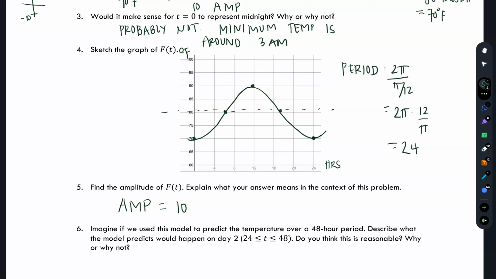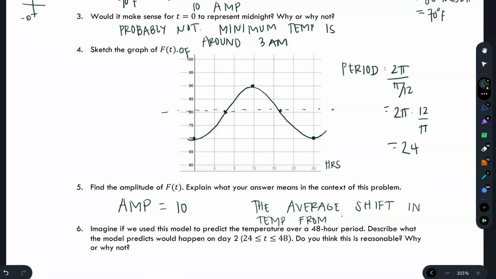So the average shift in temperature from the middle line, and in this case it'll be roughly your median, right? Your middle line.